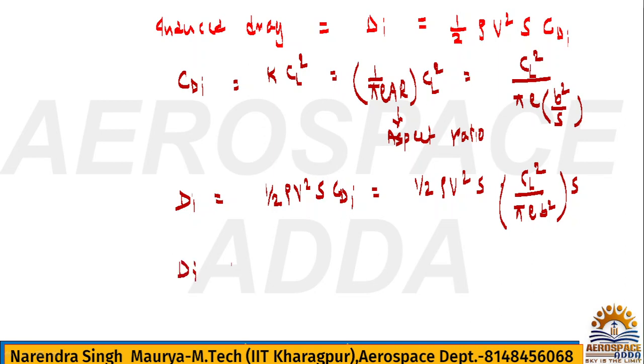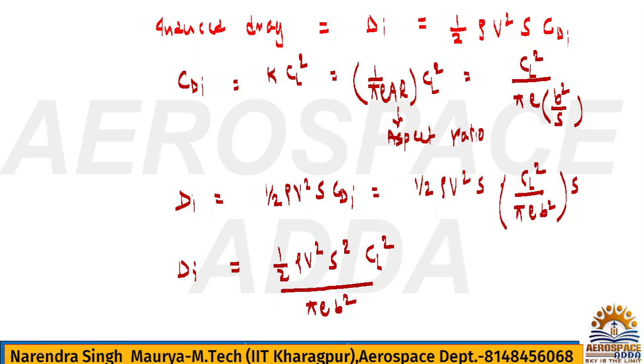So overall, in short, you can write half rho V squared S squared CL squared divided by pi e b squared, or you can write rho V squared S squared CL squared divided by 2 pi e b squared.